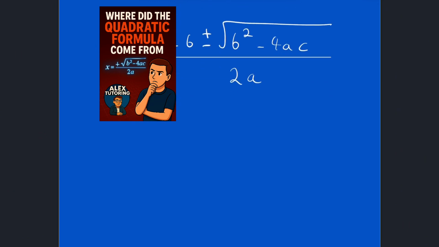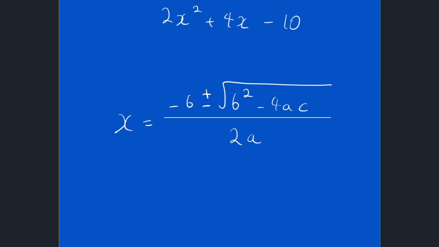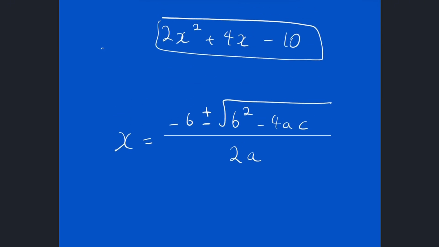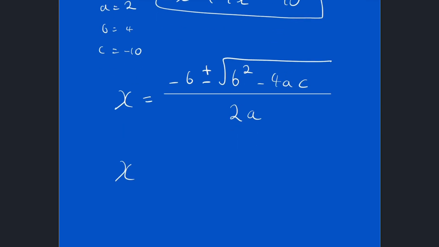So, using this formula, how can we solve for the roots of this equation? Well, remember, a is 2 in this case, b is 4, and c is minus 10. So all I do is I literally just put the numbers in. So minus 4, make sure you put them in brackets though. That's the most important tip I will give you.